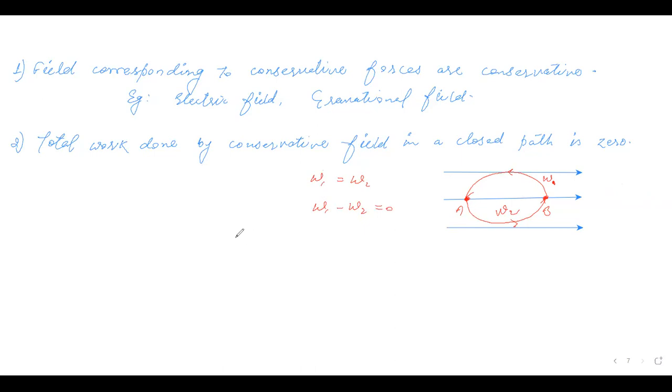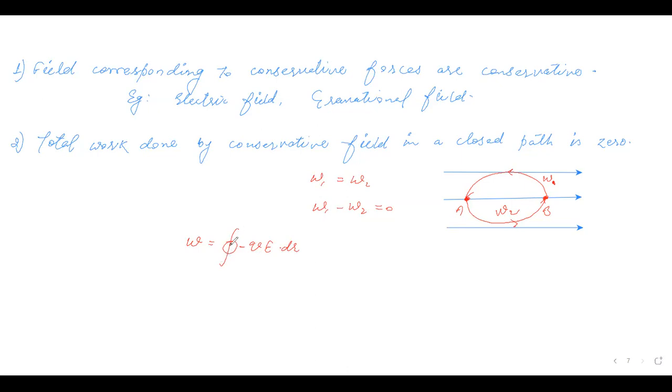Hence, in terms of electrostatics, we can write W is equal to the integration of minus QE dot dr for a closed path. This closed path can be represented in this equation by making a circle on the integral sign.